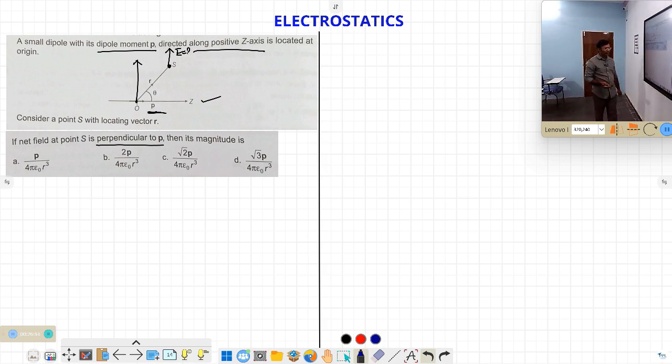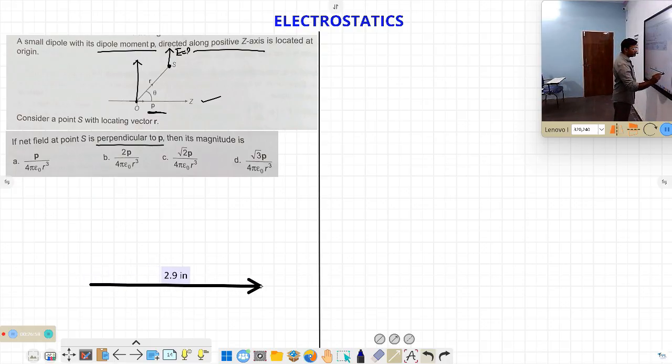To understand this, we have to understand the diagram clearly. First, the direction of the dipole moment is in this direction. Next, the point which you chose from the axis, I can say that point is called point S, which makes an angle theta.